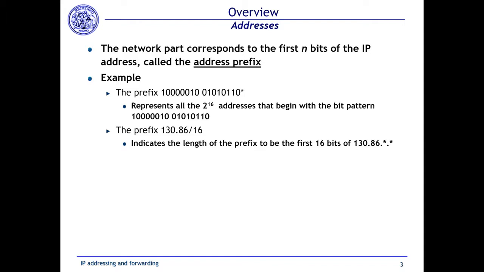This means that the network prefix is 2 bytes long, so 16 bits long. The rest of the 32 bits are dedicated to the host, and this network, identified by that identifier with 16 bits, represents all the possible addresses, that are 2 to the 16, that begin with the bit pattern that is represented there.